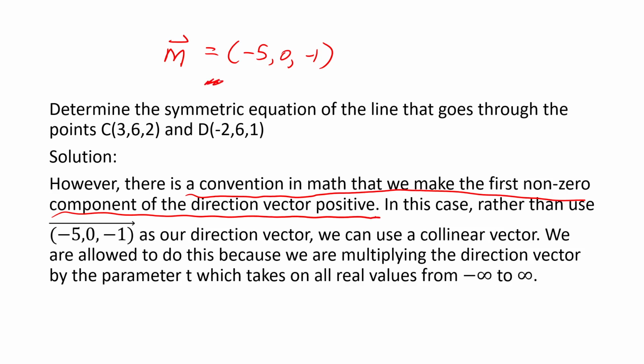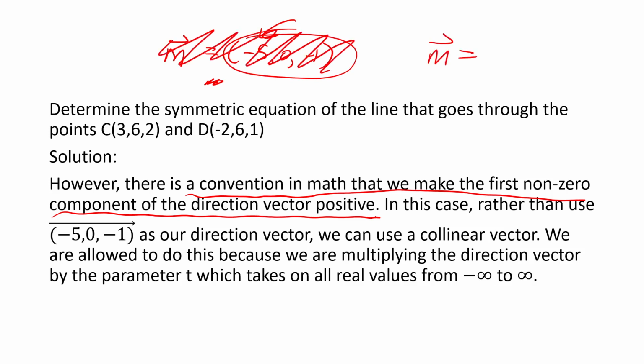Instead of saying m is equal to negative 5, 0, negative 1, we're going to find a vector collinear to that which has a positive x component. If we multiply negative 5, 0, negative 1 by negative 1, then instead of this, we can say that our m will actually be 5, 0, 1.